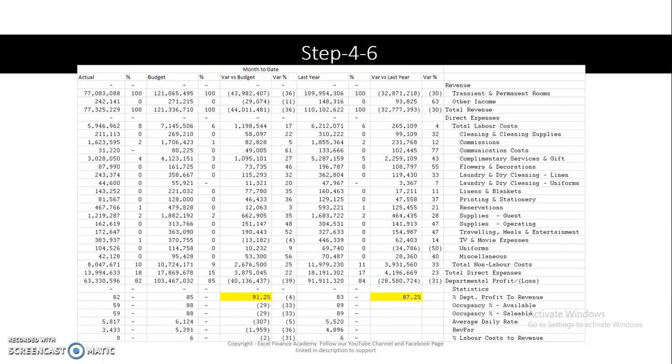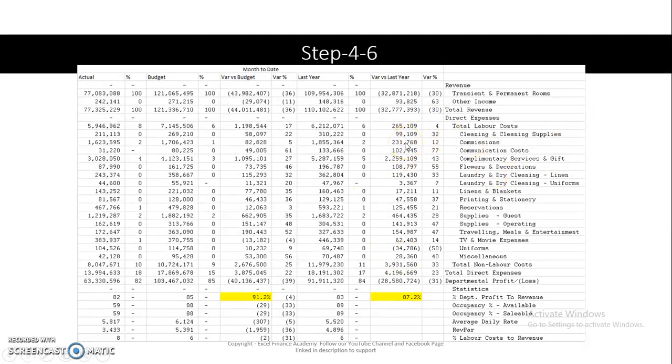You can discuss with the marketing department and fix the root cause of the problems, or target those clients who used to come but are not coming anymore.